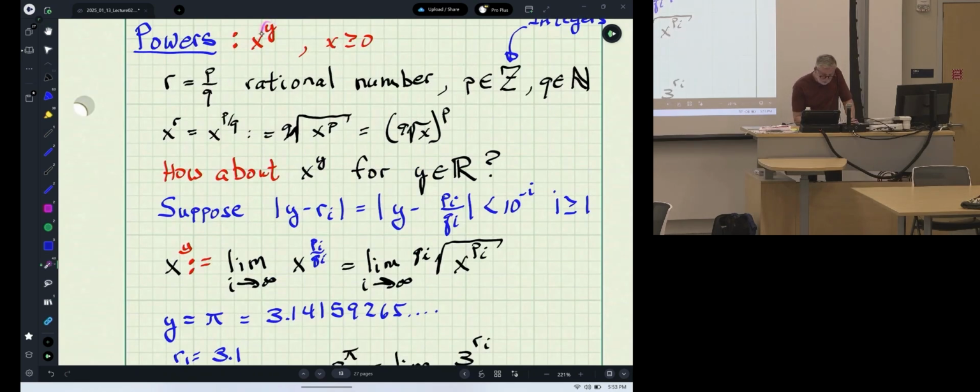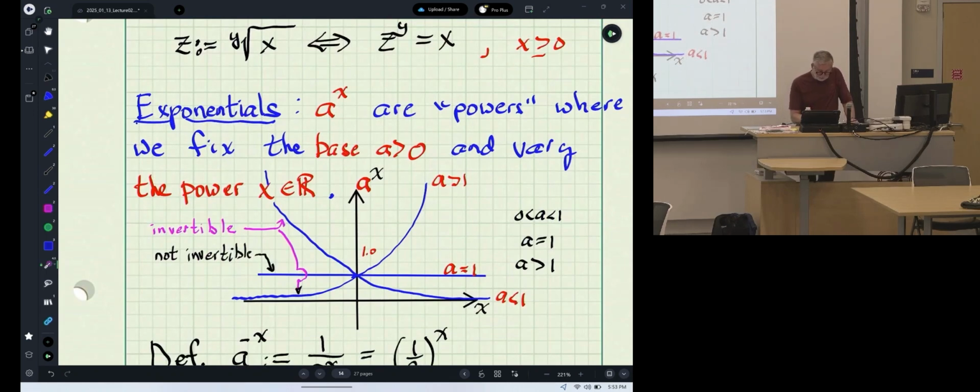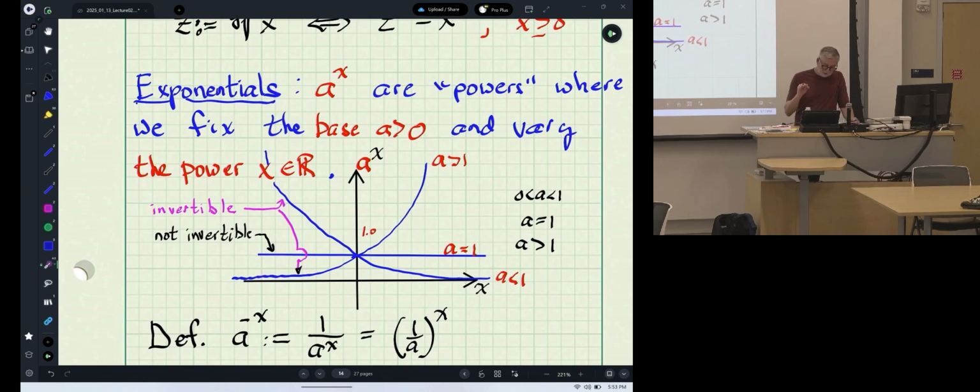So this is fixed, and we vary x. That's powers, x raised to power pi, e, etc. Exponentials, it's the opposite. This is fixed, it's called a base, and then we're raising it to power x. So they're like powers, and you get the definitions of exponentials from the property of powers, but you just have to flip where the variable is going.